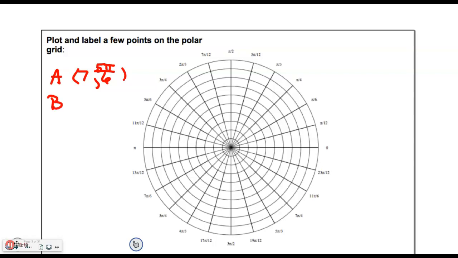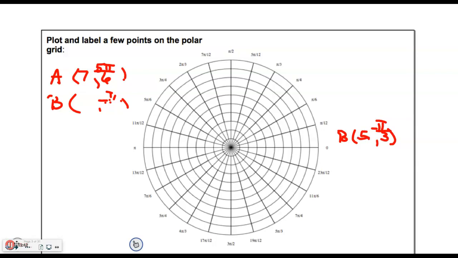I want you to put B at negative pi over 3, and let's just do 5.